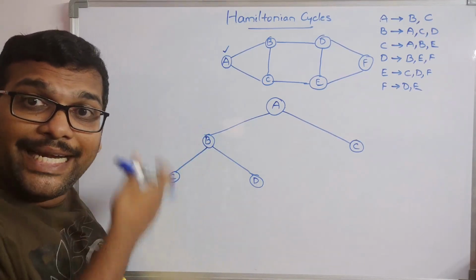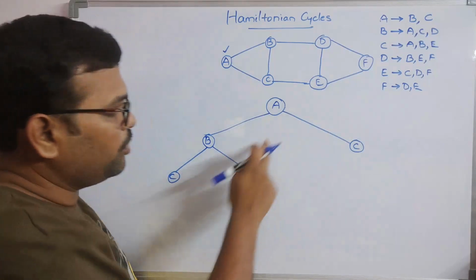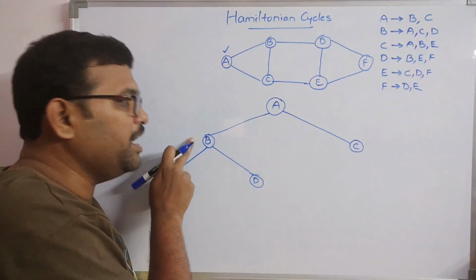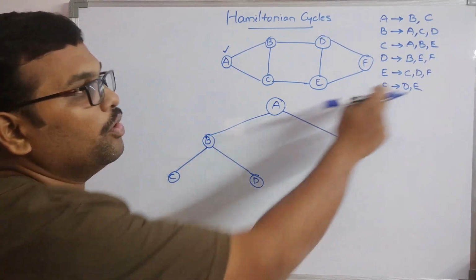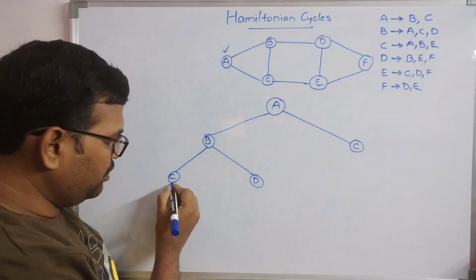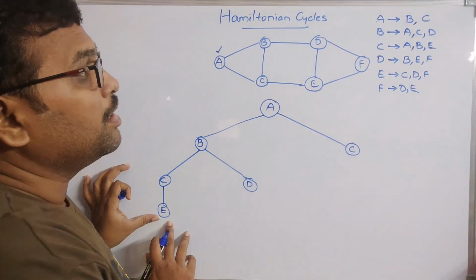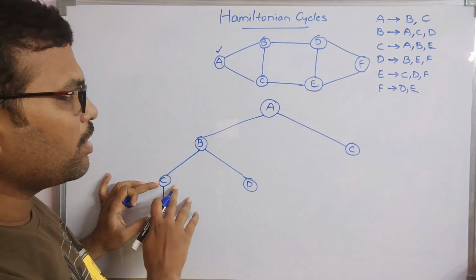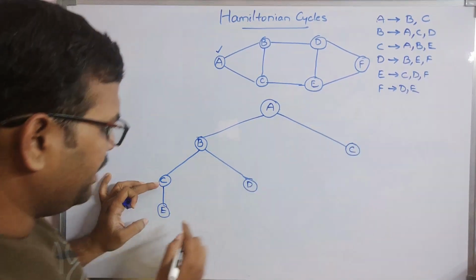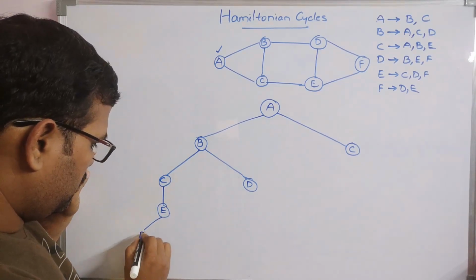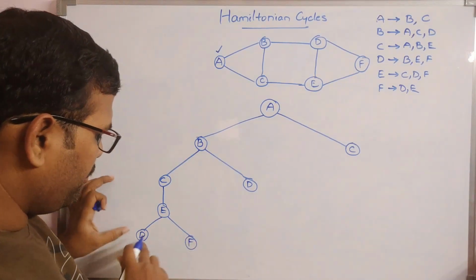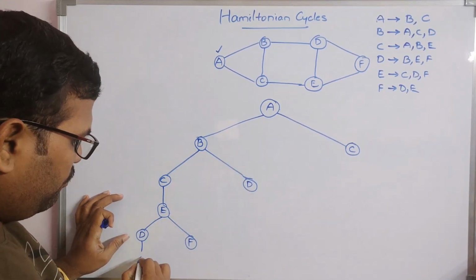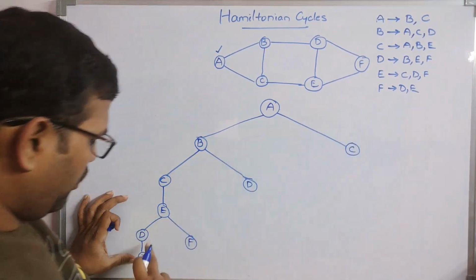Now we need to find the depth. C has A, B, E. A and B were already visited, since we came to C from B and to B from A. So only one vertex is unvisited, that is E. So C has E. Now check E. E has outgoing edges C, D, F. Among those, C is already visited, so there are only two possibilities, D and F. Coming to D: B, E, F. E is there, B is there, but F is not, so here we can have F. D and E are already visited, right?